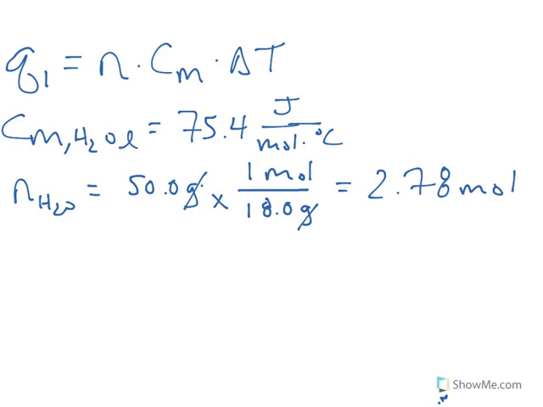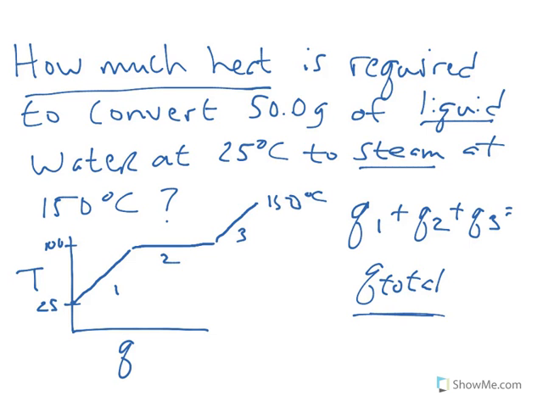So the last thing I need is delta T. That's going to be final minus initial. That's what a delta always is. So it's tempting to say, oh, my final temperature is 150 degrees. No, you're looking at just the Q on leg 1, and that runs from 25 to 100.